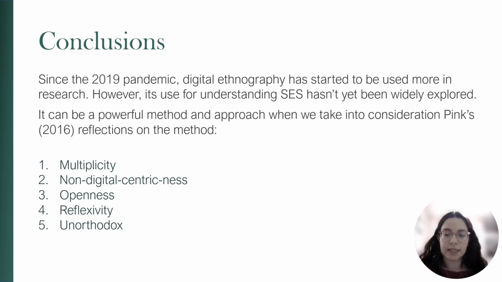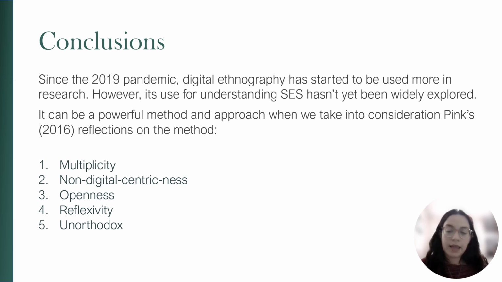So it could be interesting to think about other questions that could be answered using this method, and we should take into consideration these 5 points suggested by Pink about the multiplicity of digital ethnography, meaning that we can look at different communities at the same time, that we should be mindful that not everything is happening in digital space, and that often what's happening in the digital space is just a reflection of what's happening in the physical space.